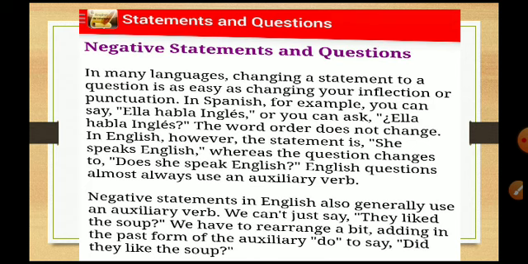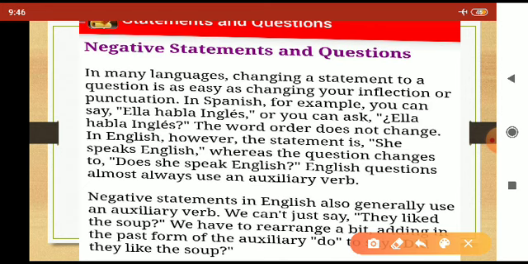For example, I have cited here a Spanish example. You can see Ella habla inglés, or you can ask Ella habla inglés. The word order you see here doesn't change. The word order has not changed.